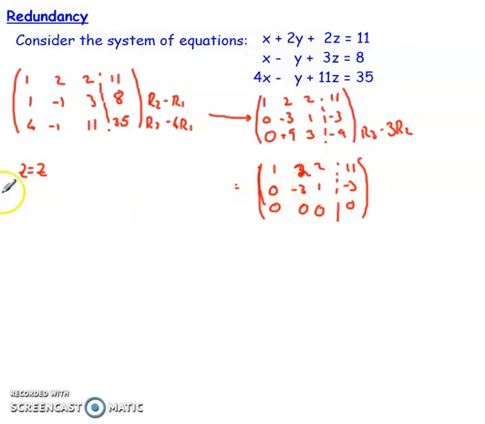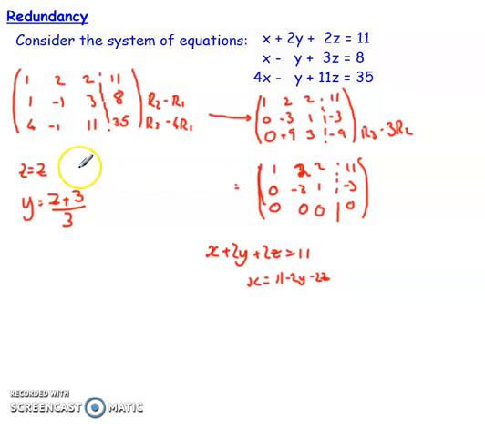and play about with it, and I'll end up getting that y is equal to z plus 3 over 3. And if I then do the same with the z and the y here, so take this top row and write it as x plus 2y plus 2z equals 11, shift it all across, now x equals 11 minus 2y minus 2z.